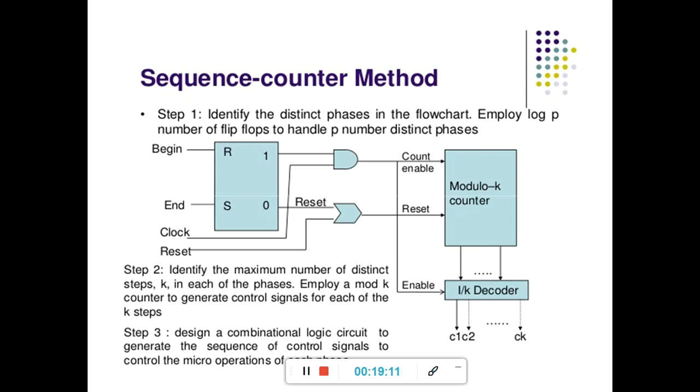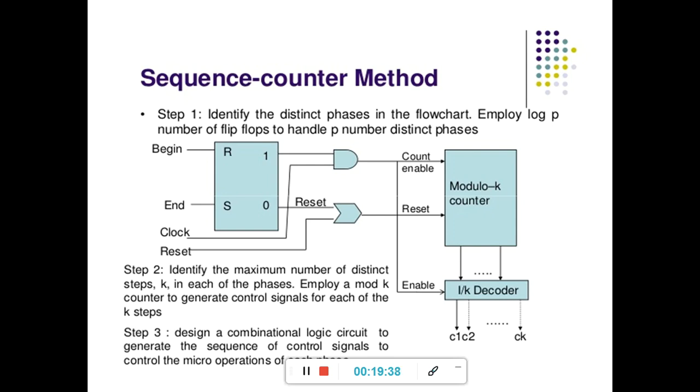So without a clock we can't do this flip-flop handling. Step 1, p number of distinct phases. Here the phases means only 2 phases, ones and zeros are 2 phases. And step 2, the maximum number of distinct steps of each of the phases. The maximum number, we can take n number of possible states. Apart from n possible states, we can utilize only 2 states, that is RS, reset and set. Without 2 states we can't do anything in the sequence counter method.